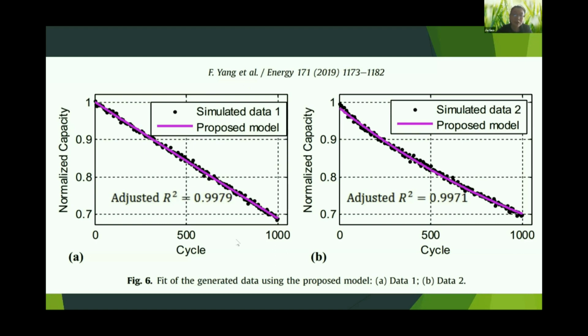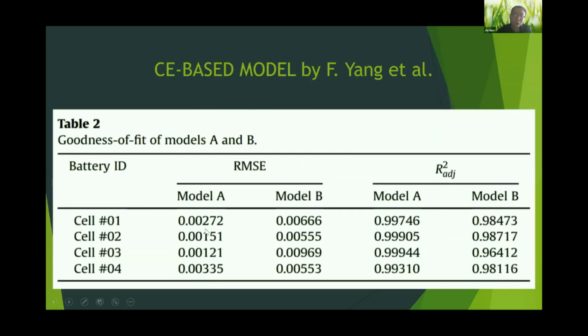We can see from the table that the result is nearly perfect for the adjusted R-square. Model A is based on the Coulombic efficiency, in short CE. That is the benchmark, the way to measure whether the energy is efficient or not. Using the first model, model A, they get a better result than model B in terms of RMSE and adjusted R-square.